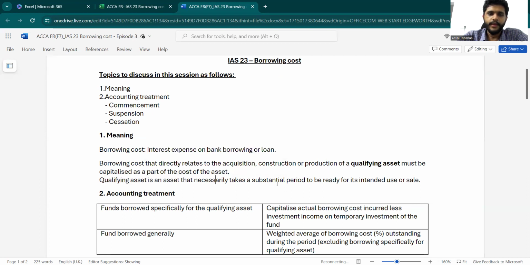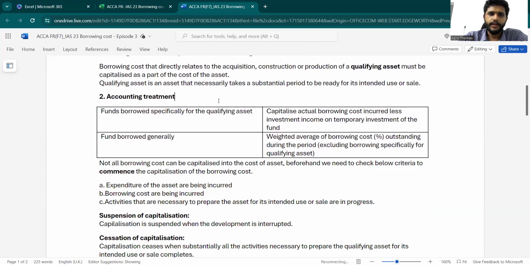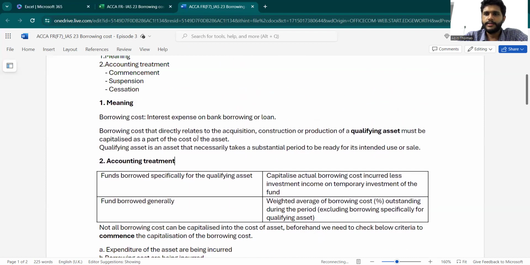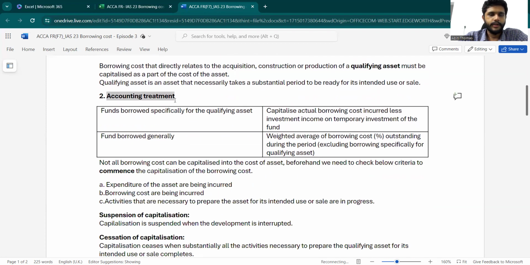Because it takes a substantial period of time to get it ready for its intended use, or for its intended sale. Got it? Similarly, we need to understand that the loan taken is particularly for the qualifying asset. That is the first thing that we need to check before we capitalize the borrowing cost. And then we can move to the accounting treatment.